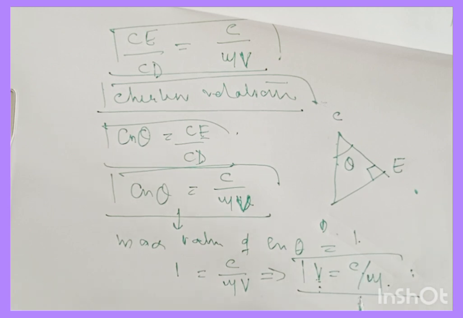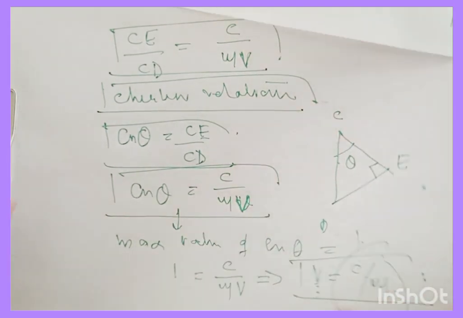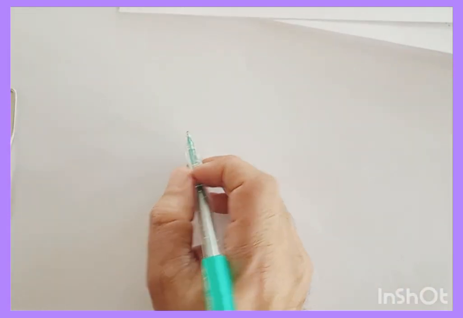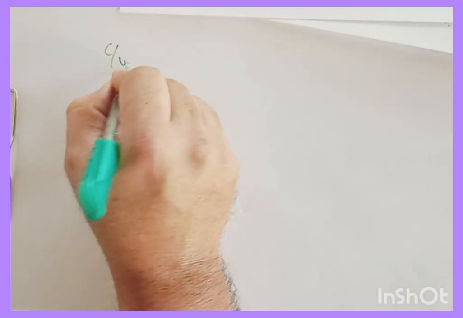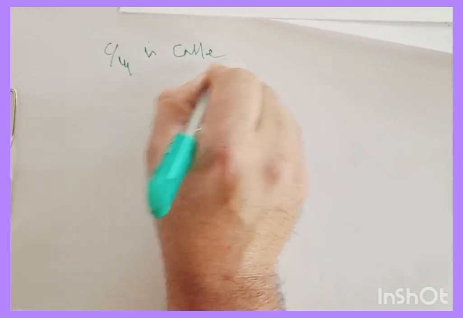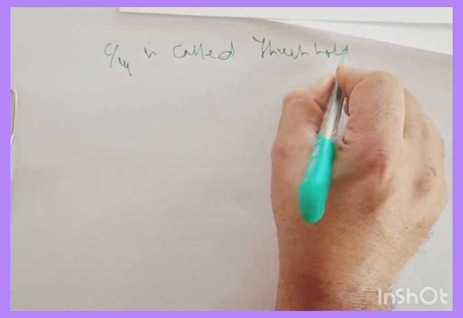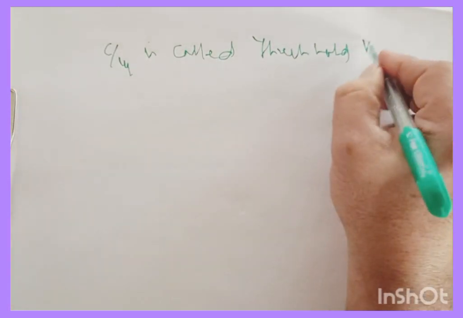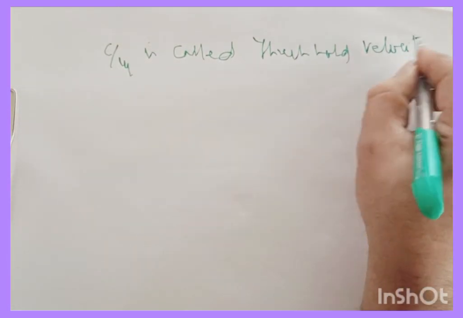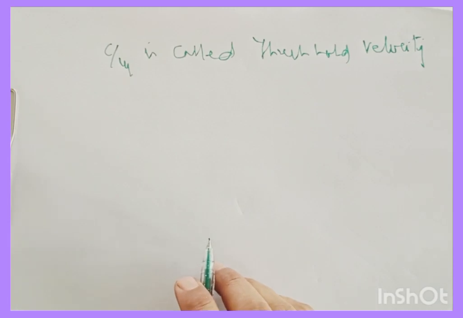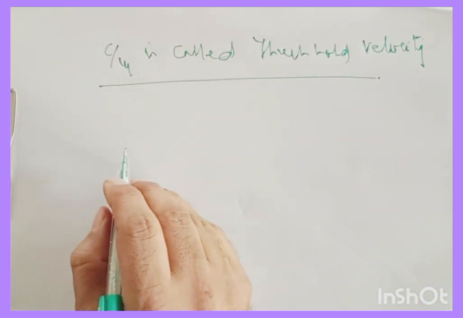This C by mu that we have is called the threshold velocity. And we can also calculate the maximum value of theta.